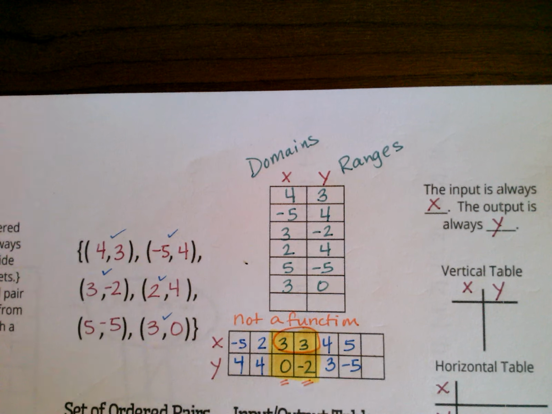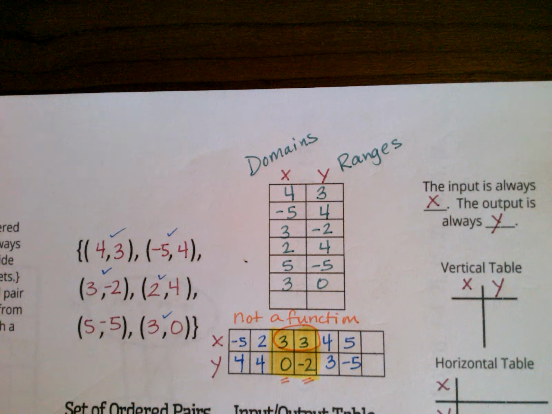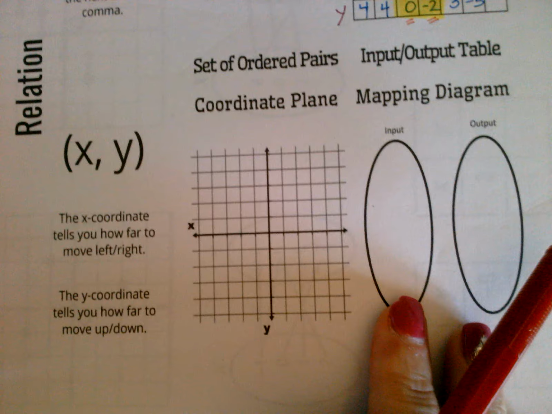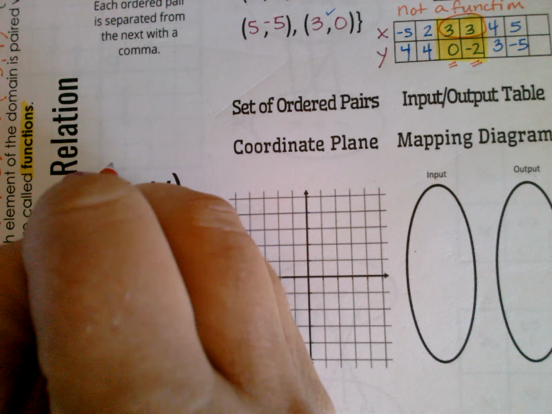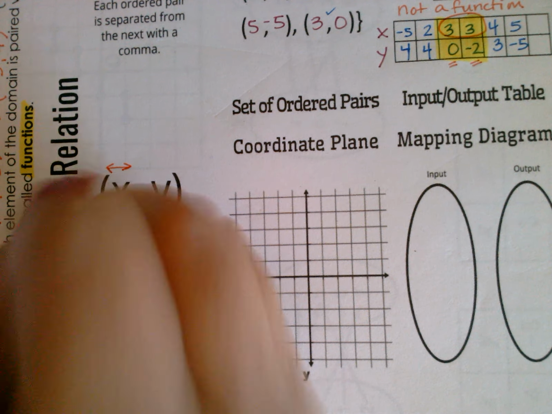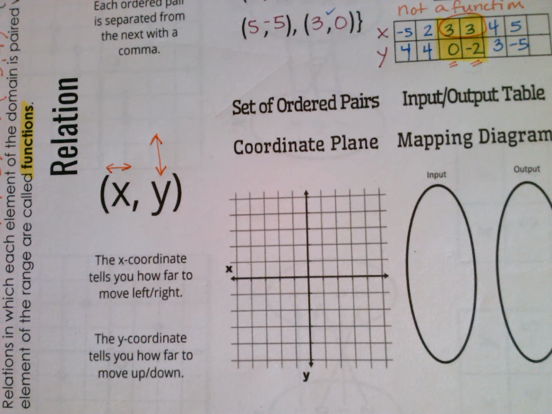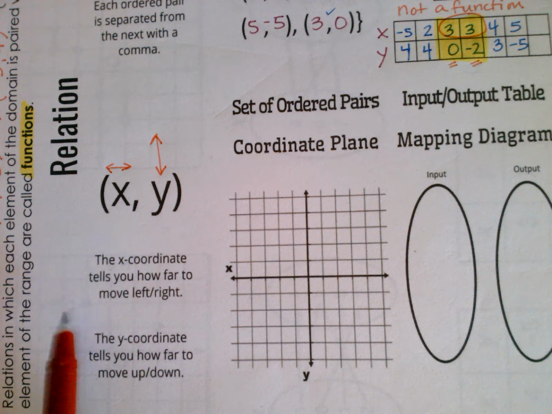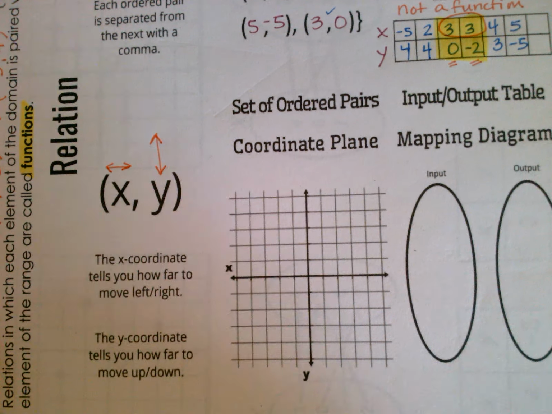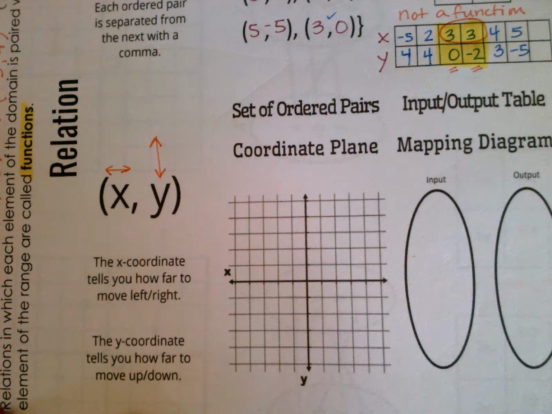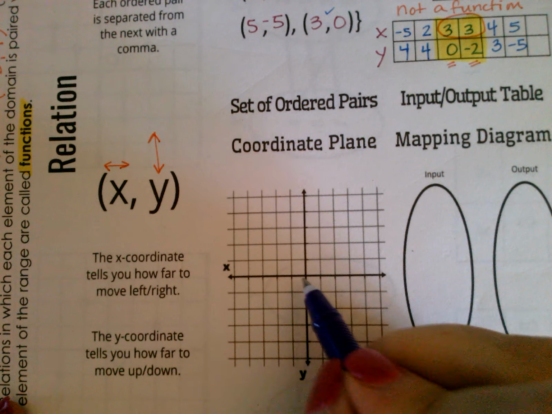All right, moving on. Now we're going to put this on a coordinate graph. Remember, we talked about this the other day, that x's will tell you the left or right. The y's tell you the up and down. The x-coordinate tells you how far left or right. The y tells you up or down. So I'm going to just take the ordered pairs from up here and place them on the graph.